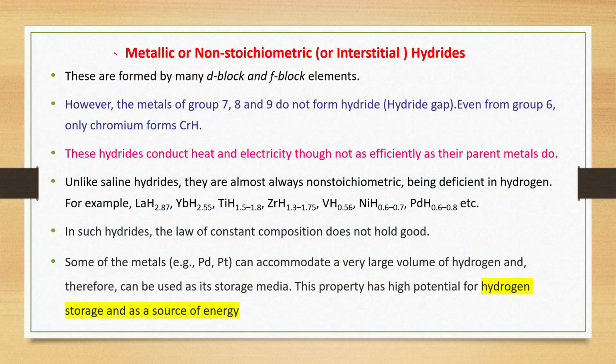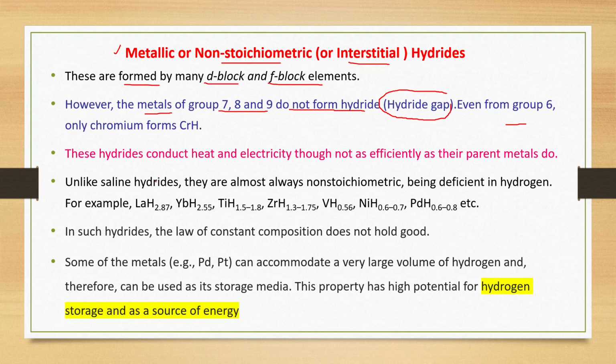Now, the next category: metallic or non-stoichiometric or interstitial hydrides. These are formed by many d-block and f-block elements. However, the metals of group 7, 8 and 9 do not form hydrides. That's why this gap in groups 7, 8 and 9 is regarded as the hydride gap.